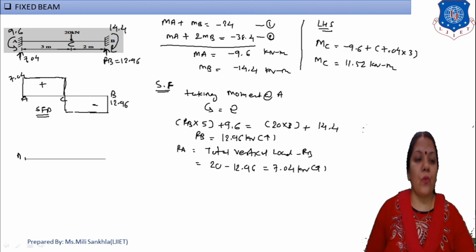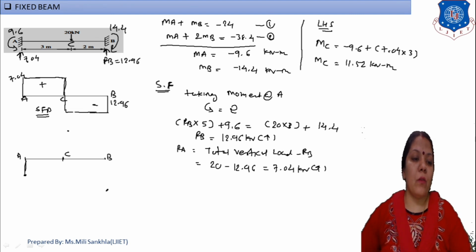Now I draw the BM diagram. First of all, draw the reference line. This is our C point, this is our B point. Okay, one by one. Moment at A is equal to 9.6; simply mark the point. Point C is equal to 11.52 and moment at B is equal to 14.4. Now, the bottom line means negative, and the bending moment diagram for this point load is inclined.